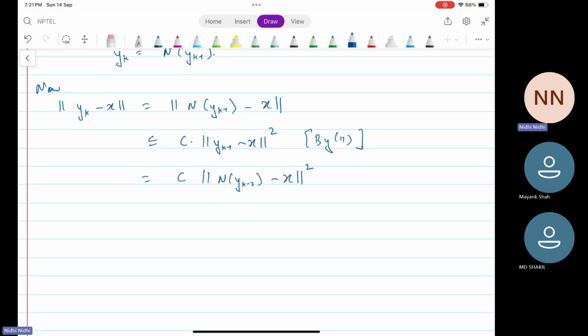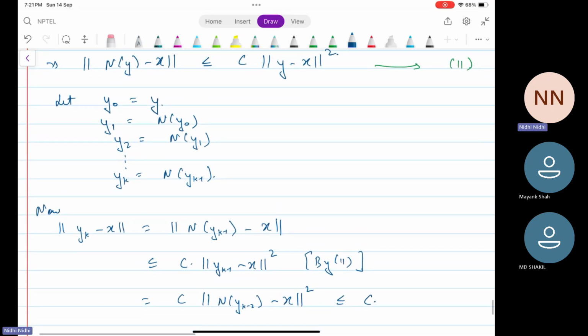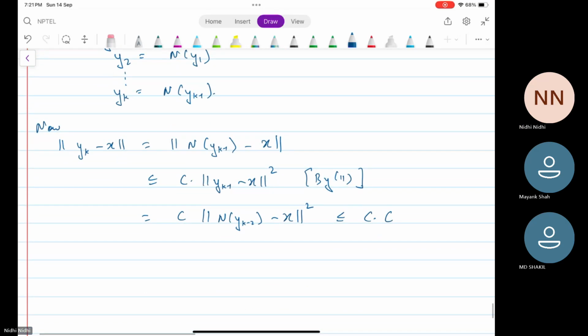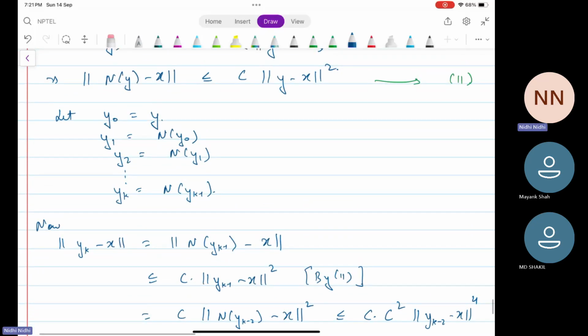And again by equation 2, this is less than or equal to c square and yk minus 2 minus x to the power 4, because we are taking the square on the left hand side of the second equation.